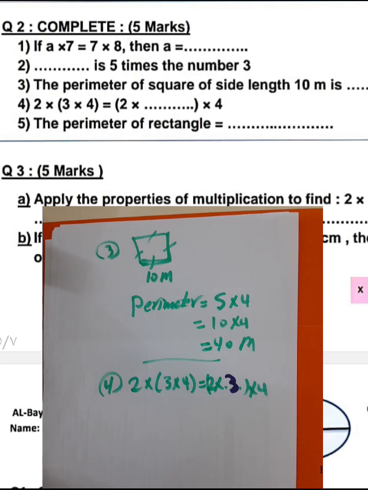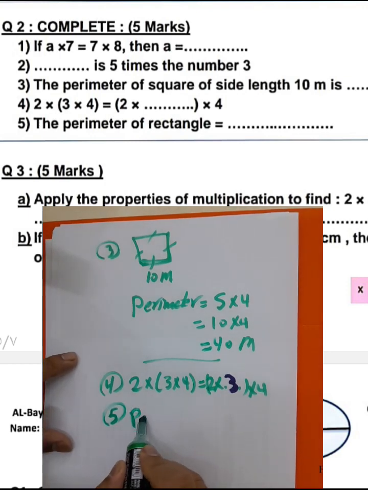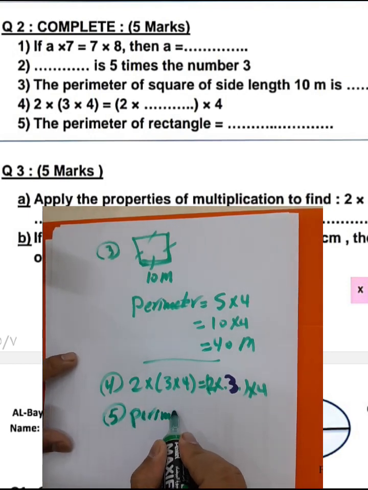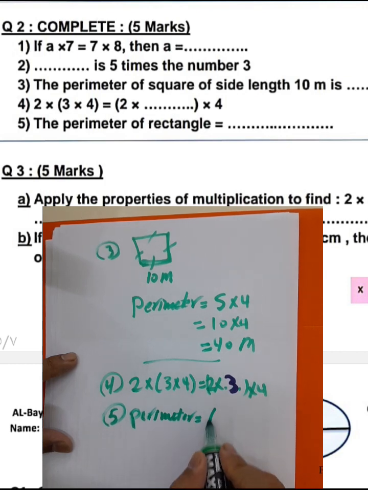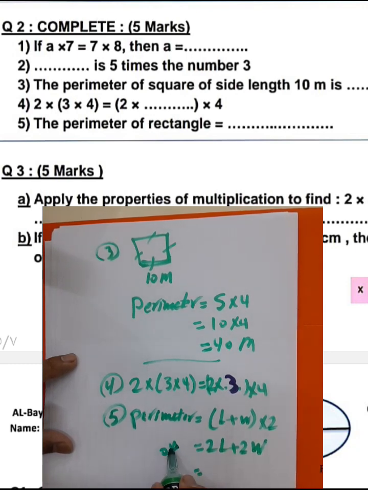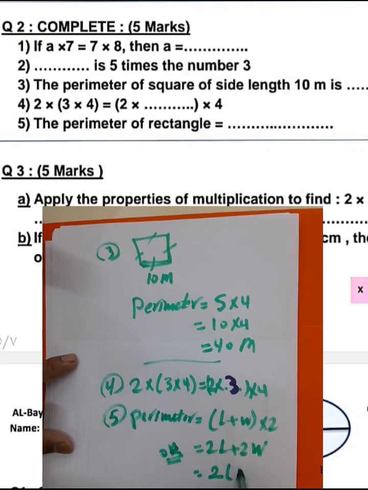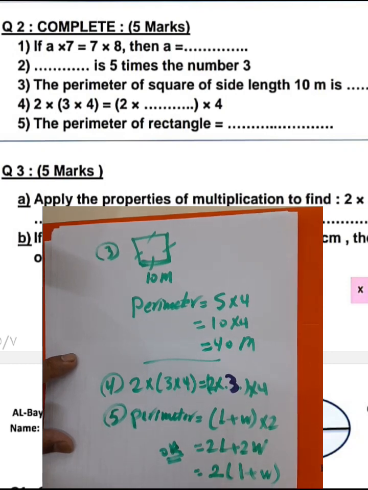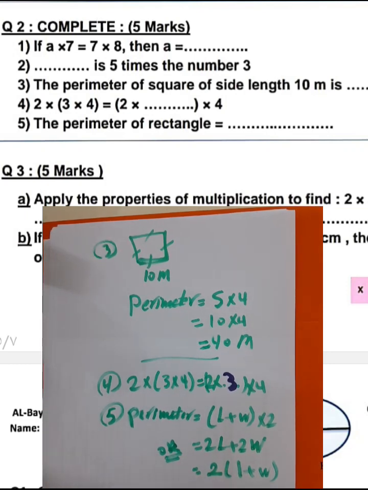The perimeter of a rectangle equals length plus width times 2, or you can write 2 lengths plus 2 widths, or you can write 2 times the sum of length and width. It's the perimeter of a rectangle.